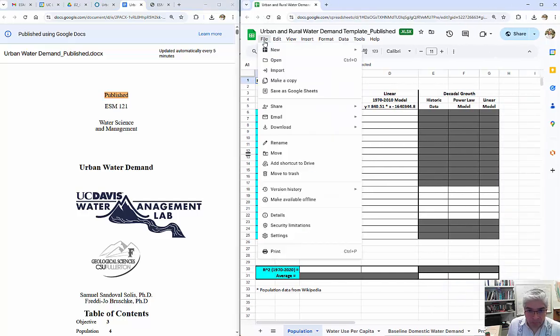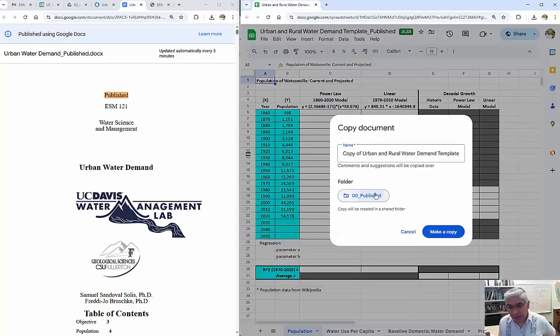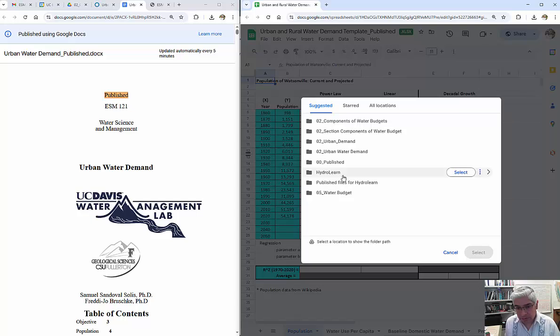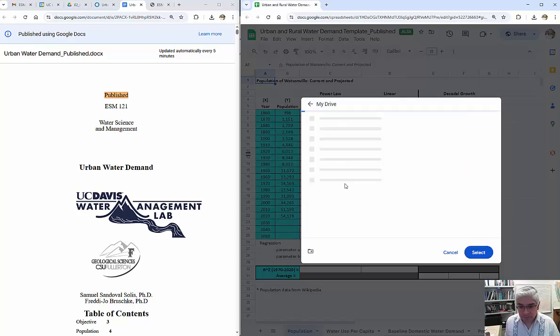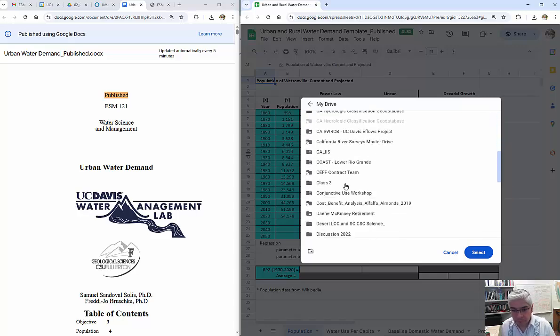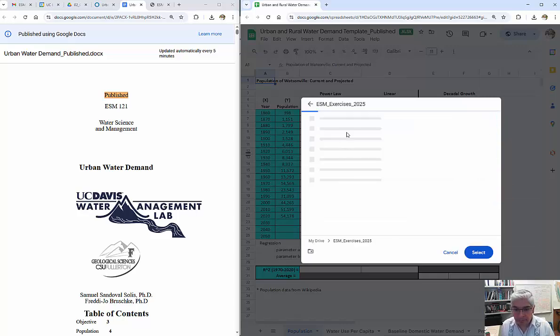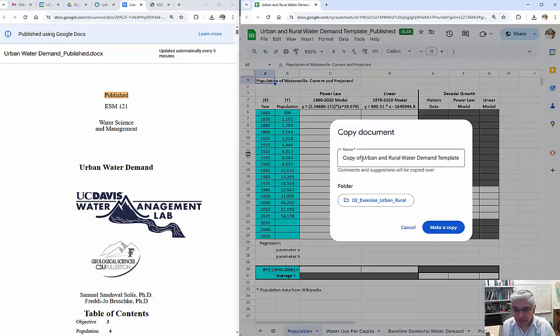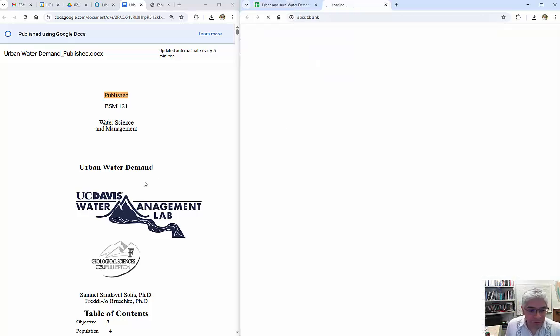I will go here, make a copy, and go to my folder, in this case exercise 2, and I'm just going to call it urban and rural template, and here will be some Sandoval. So this will create a copy there.